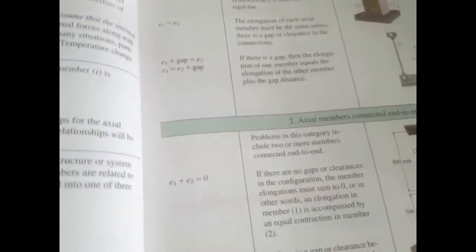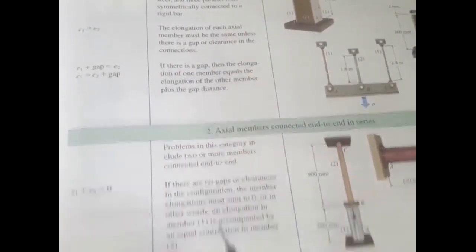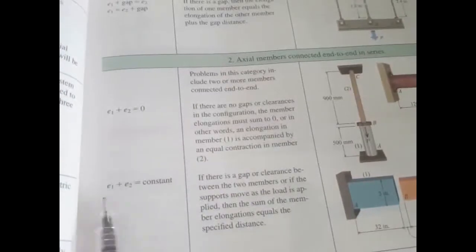This is the symbol that we use, but in the textbook it uses the symbol E. Now, if there is some clearance, then of course you just have to include that in the equations.